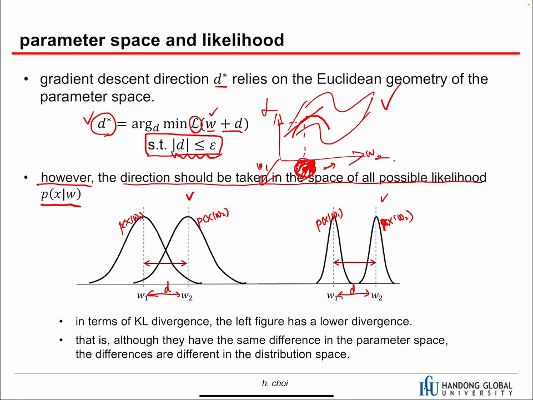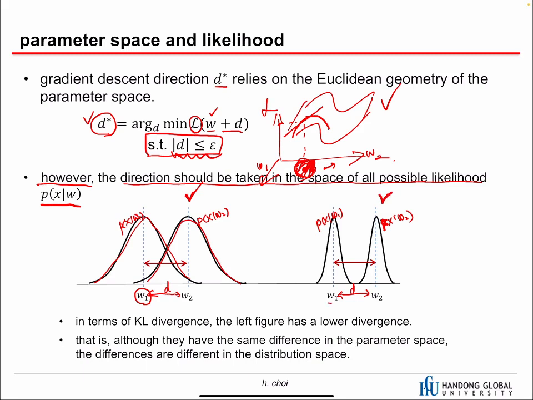In this figure, when we move the parameter from w1 to w2, the distribution moves slightly. If we calculate the KL divergence between these two distributions, it is quite small. But what about this one?